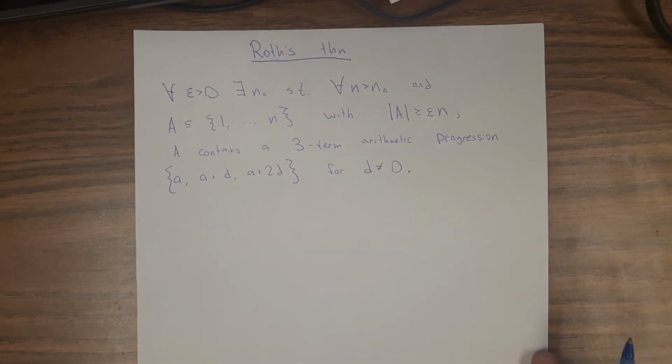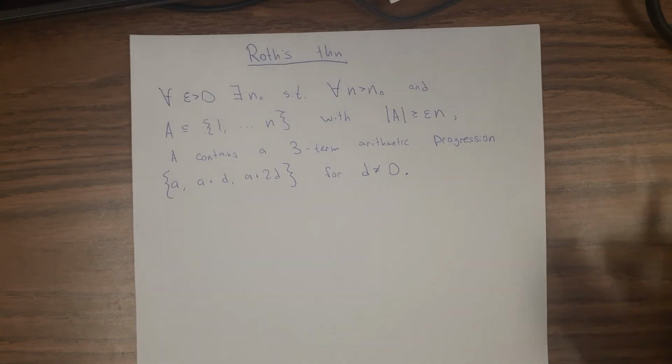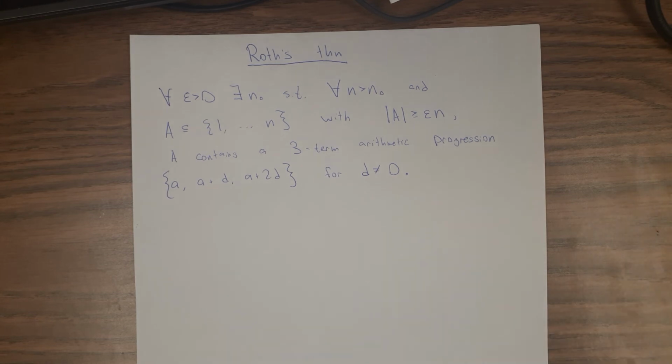Before I stop recording, let me just preview where I'm going with this. Part of it was just to get comfortable using the Szemerédi regularity lemma, because the truth is I really want the regularity lemma because we're talking about extremal graph theory, and I want to prove the Erdős–Stone–Simonovitz theorem.